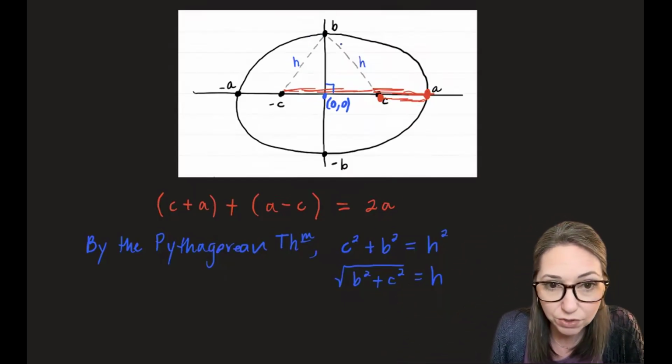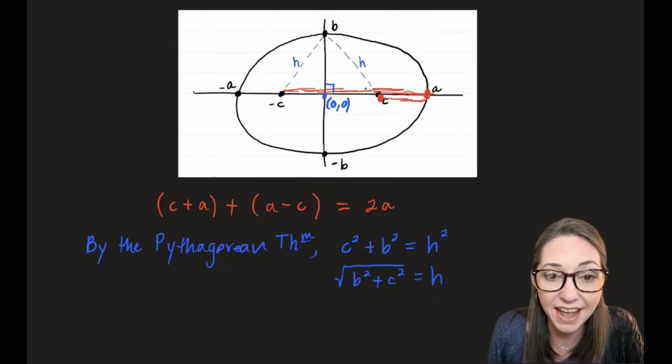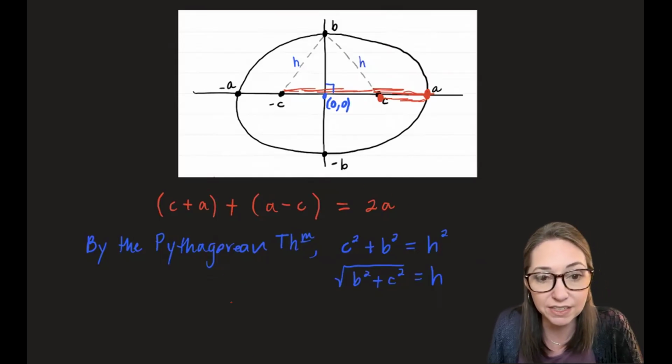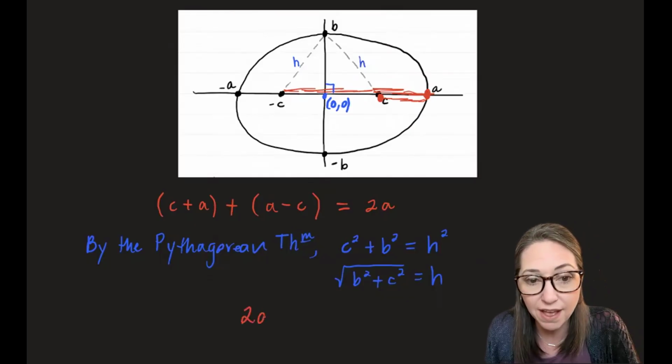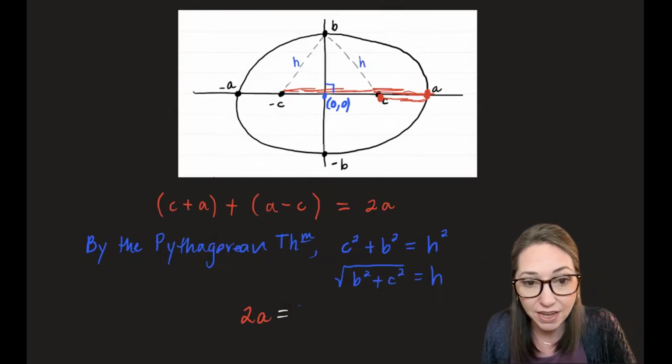Therefore, the sum of these two distances, which is h plus h, has to equal 2a, right? So I can set those equal. I can say, okay, so 2a has to then equal 2h.